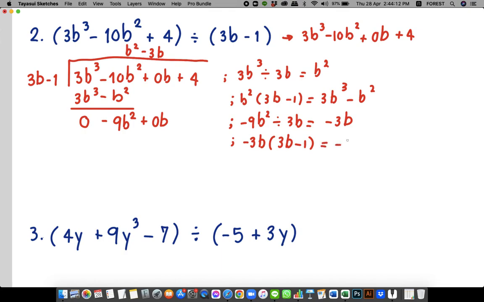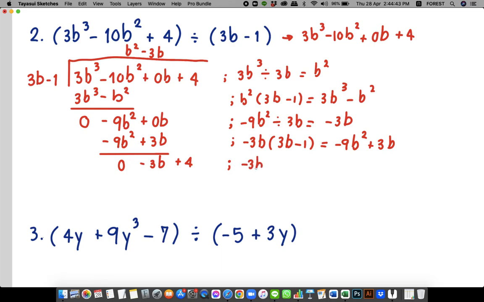It is negative 9b squared plus 3b. Put it here. And subtract. This one and this one is 0. 0 minus 3b. It is negative 3b. And then I bring down plus 4 here.